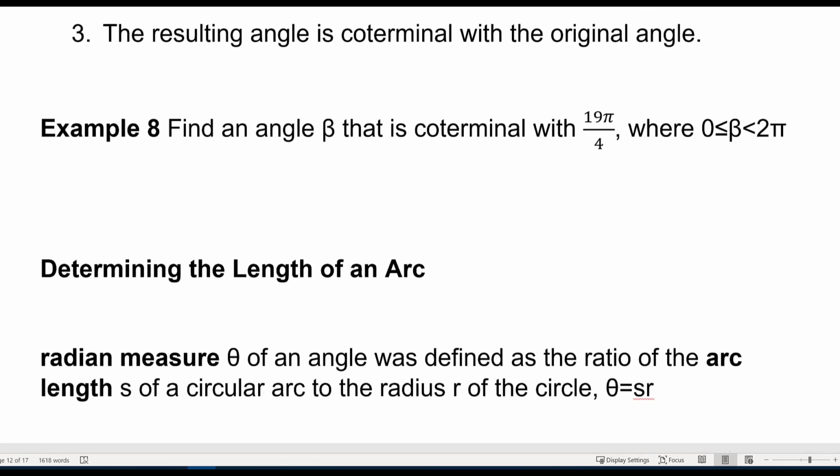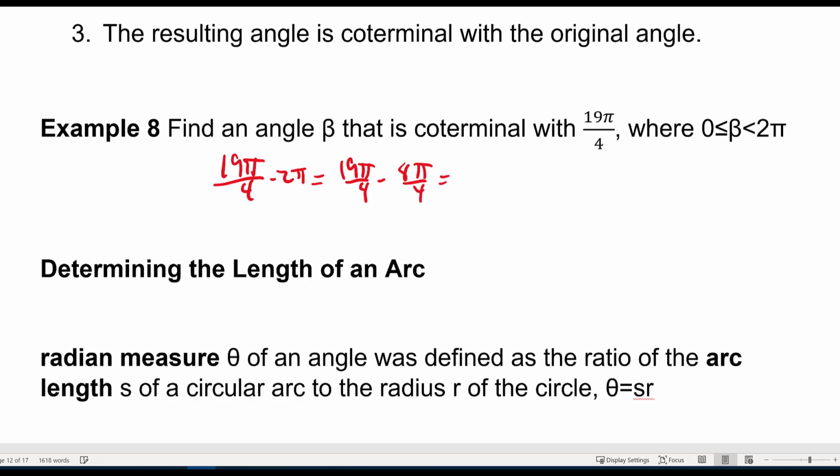So beta is between 0 and 2 pi, and we have the angle 19 pi over 4. We take 19 pi over 4 and subtract 2 pi, which means 19 pi over 4 minus 8 pi over 4 to get a common denominator.